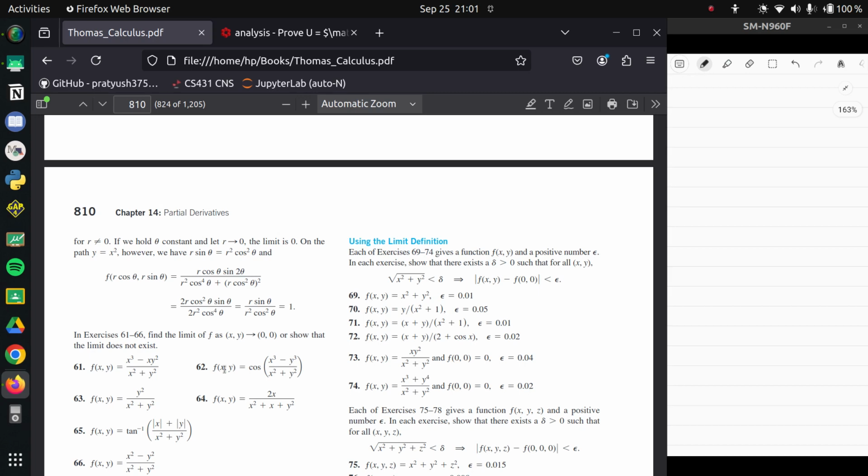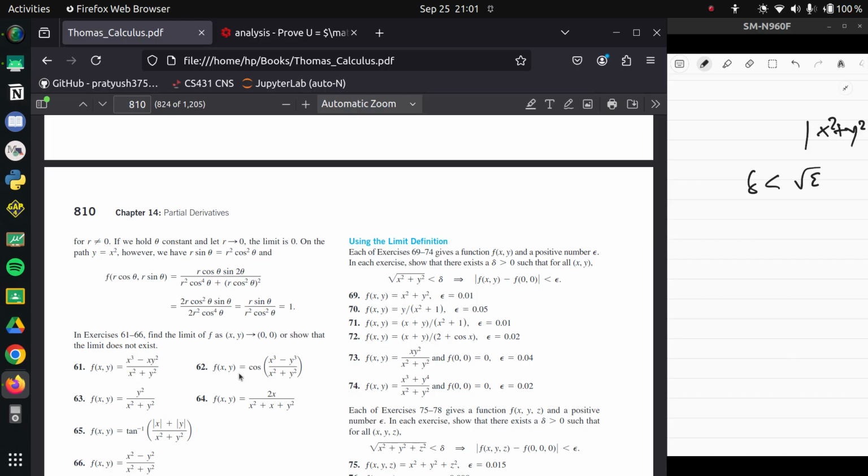So what you want is that magnitude of f of xy, which is just x square plus y square, should be less than epsilon. So for some epsilon, square root of that less than delta. You can just choose delta to be anything less than square root of epsilon, and there you go, it works. So 69 first was pretty easy.